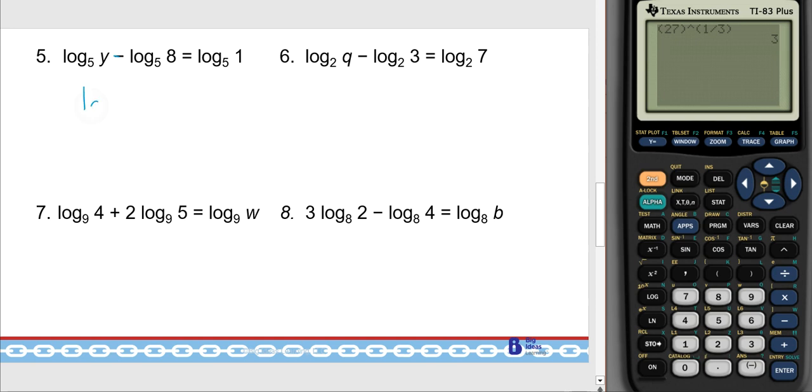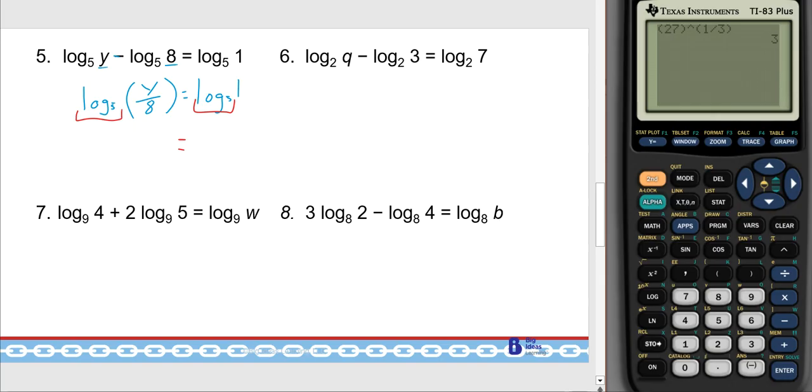And that says that those 2 logarithms with the same base that are being subtracted, I can take these values here and divide them. Okay, so then that'll still be equal to log base 5 of 1. Right now I have log base 5 and log base 5 on both sides.